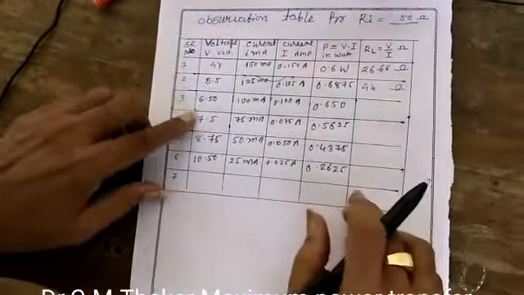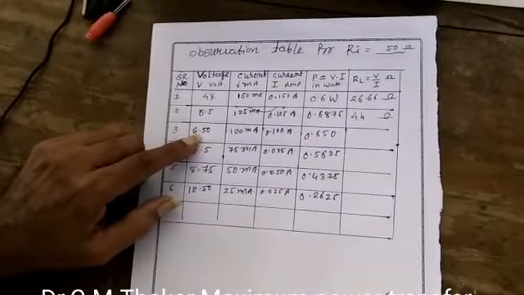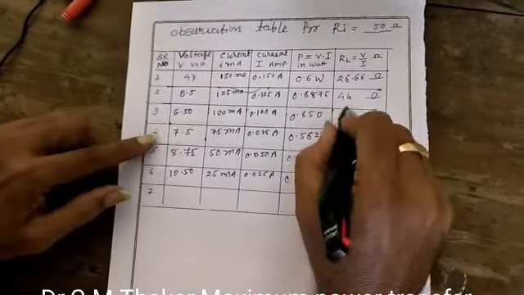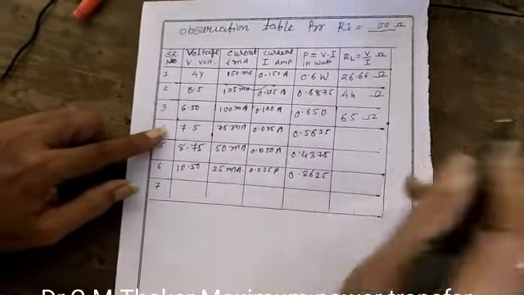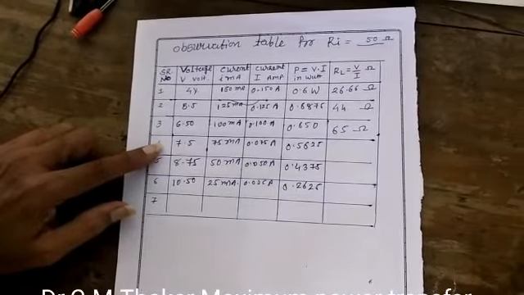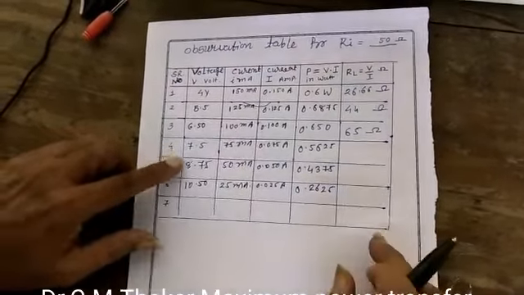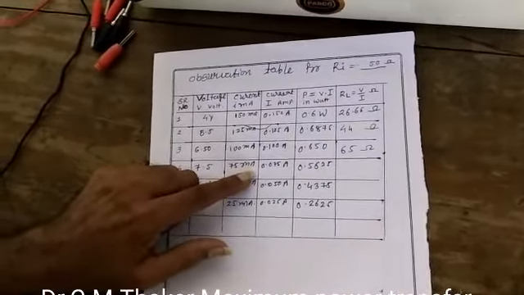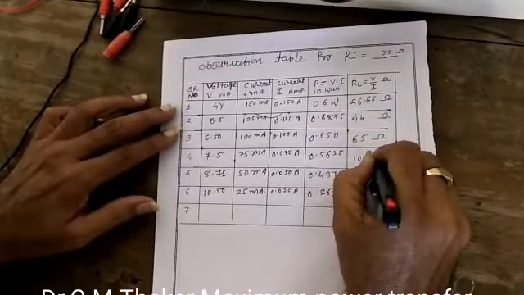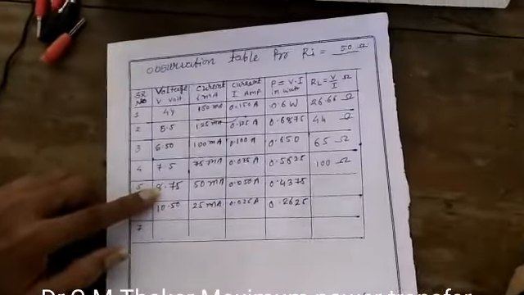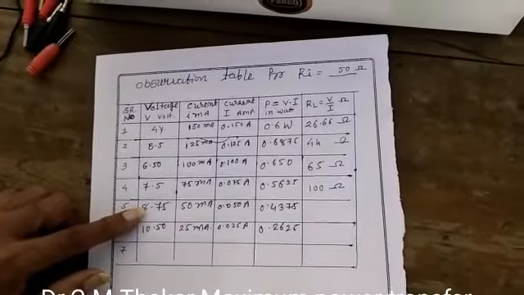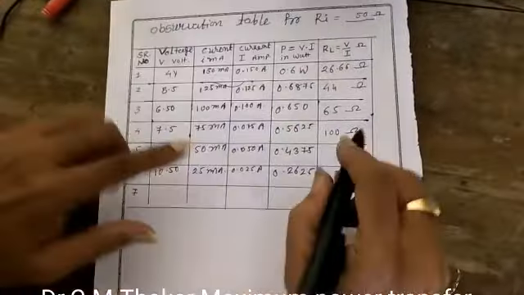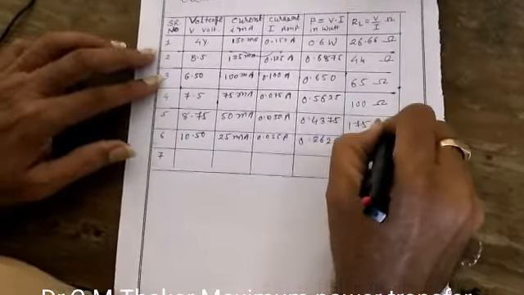And 6.5 divided by 0.1 is 65. 7.5 divided by 0.075 will be 100. 8.75 divided by 0.05 will be 175 ohms.